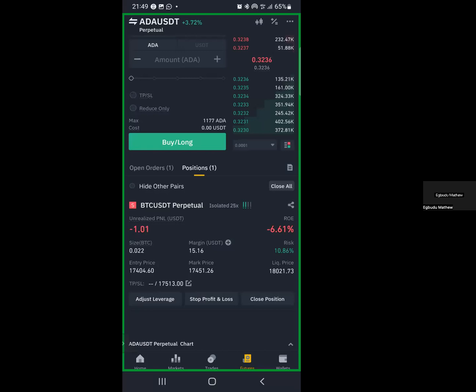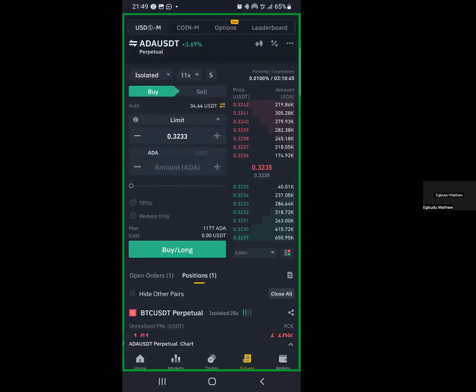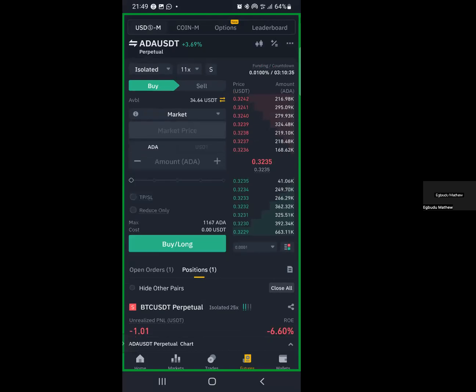Now, let's come to buy. The futures trading is not like the spot trading. In futures, you buy in a bullish market and also sell in a bearish market.